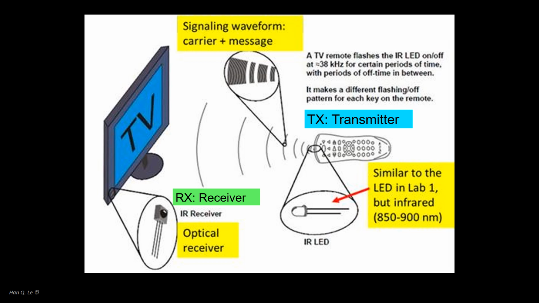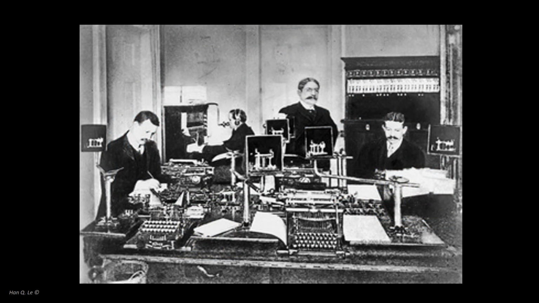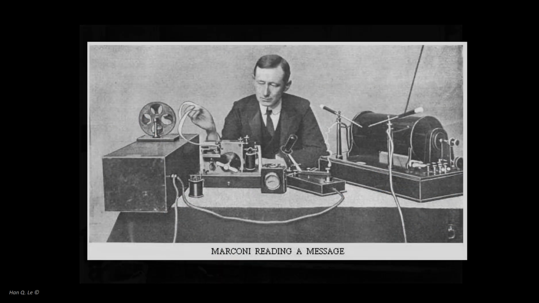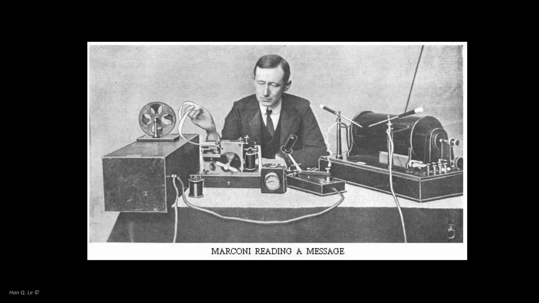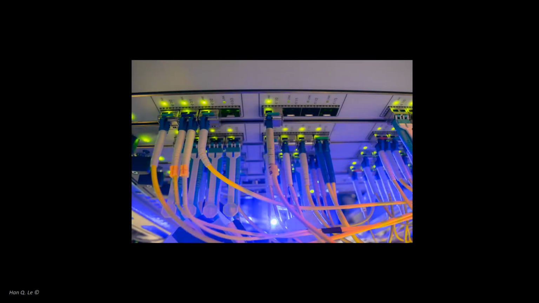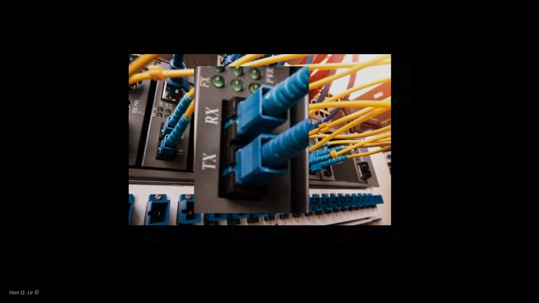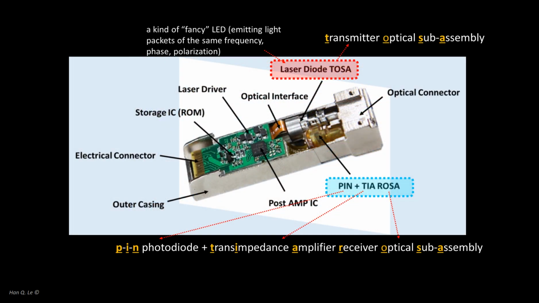And the optical receiver is also a learning topic to appreciate the present state of the evolution of telecommunications technology, which has come from the first copper wire-based telegraph in the early 19th century, to RF wireless in the early 20th century, and now optical communication technology that engines the Internet since the late 20th century.